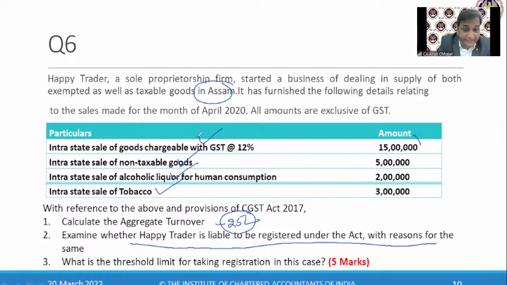But my point is whether he is liable to take registration. Is it mandatory? Assam, is it mandatory? So normal limit is Assam for 40 lakhs.